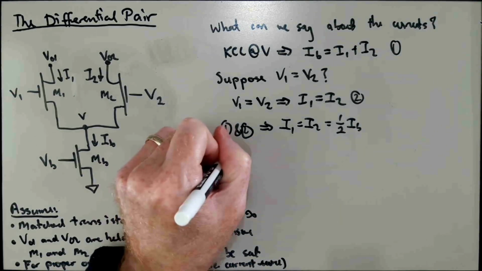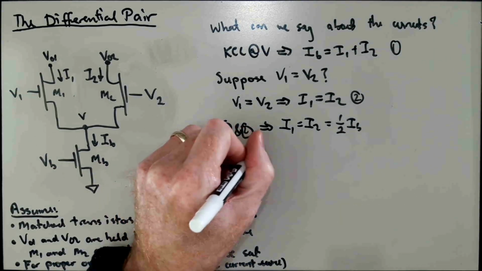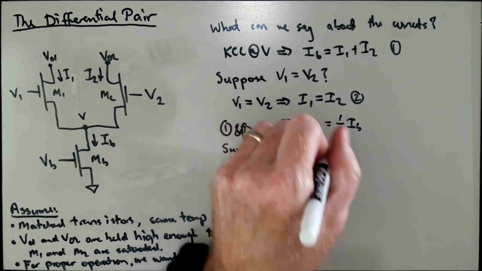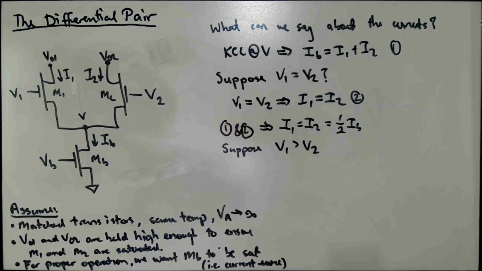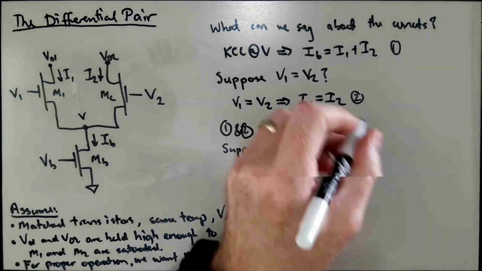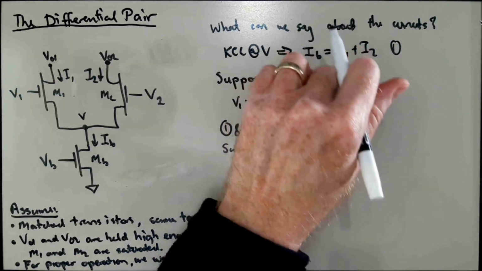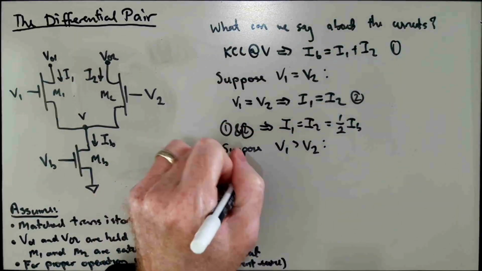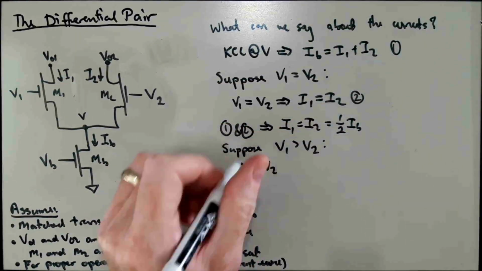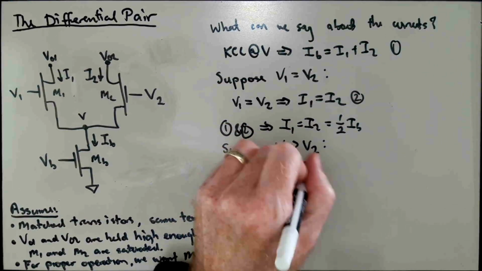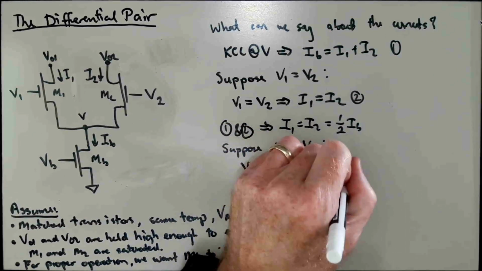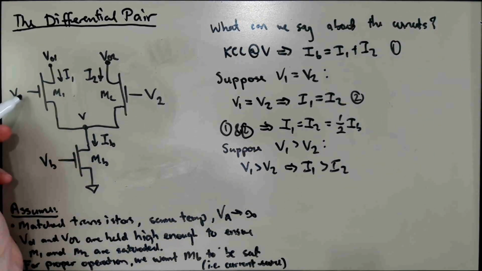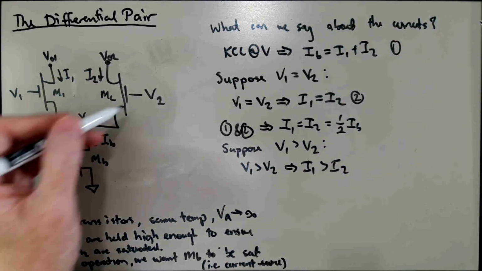So suppose V1 is larger than V2. What can we say about that? Well, V1 greater than V2 implies that I1 is greater than I2, because this one will have more gate to source voltage than this one.